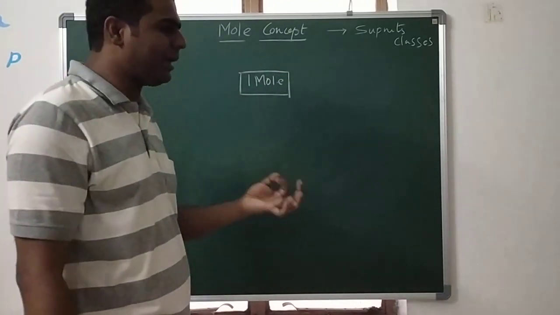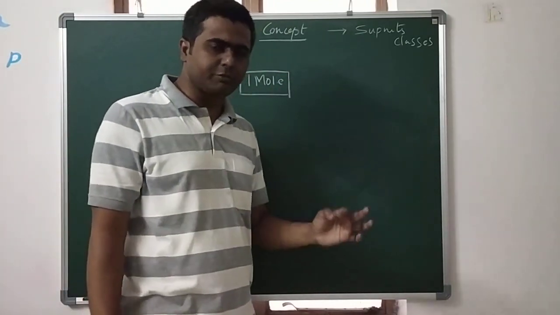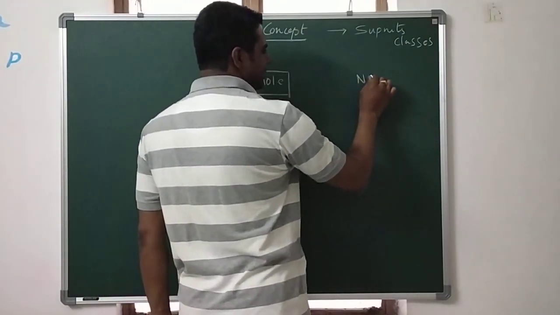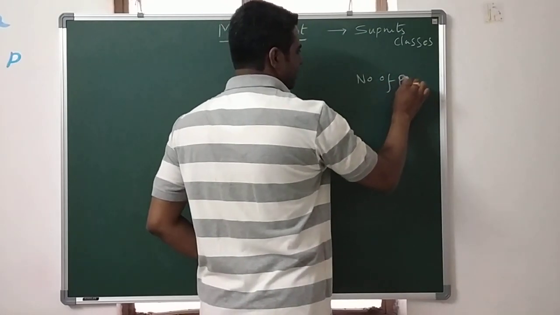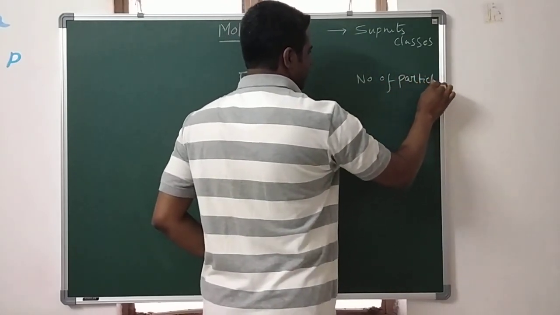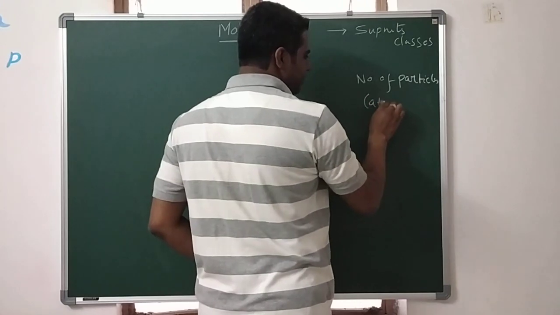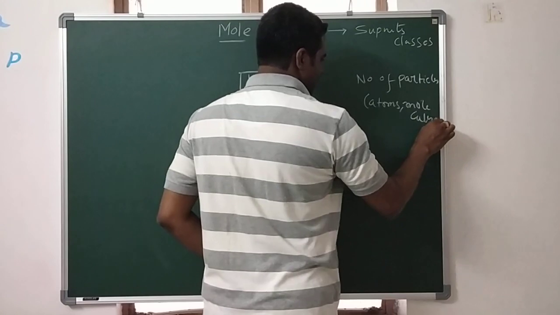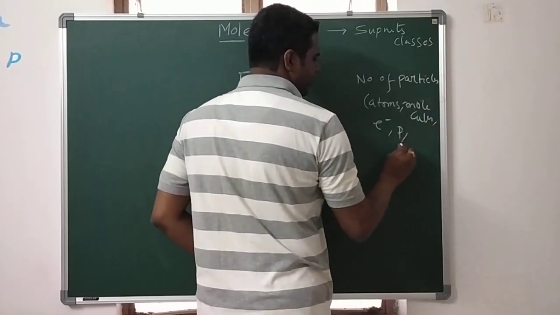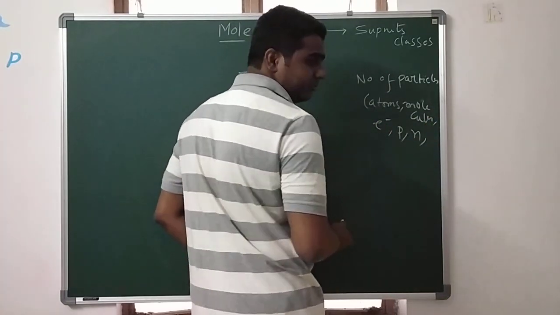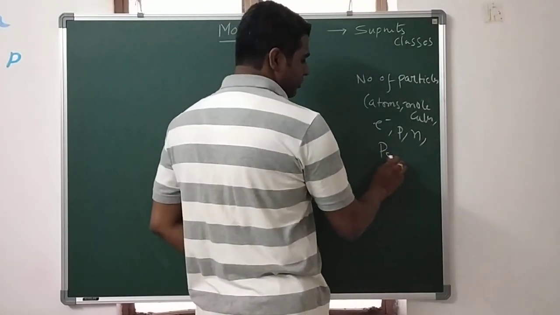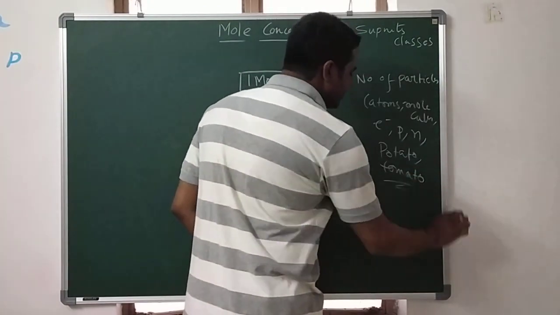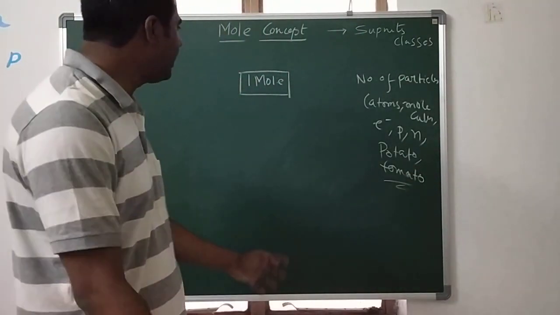Now what are the physical parameters that are very important in case of stoichiometry or chemical calculation? Number one is number of particles. This can be atoms, molecules, electrons, protons, neutrons, or potato, tomato, everything you can calculate by this concept.